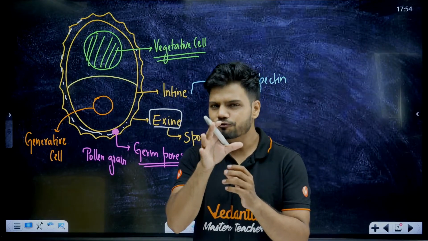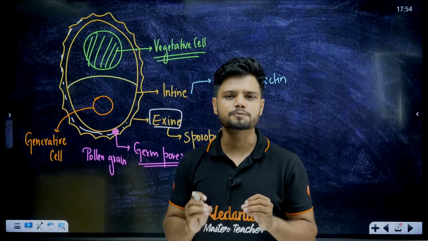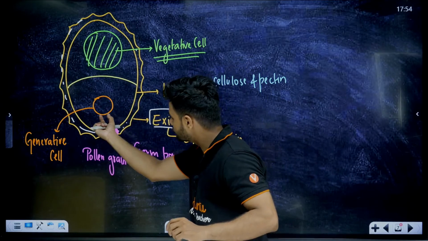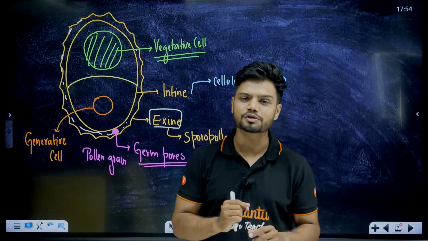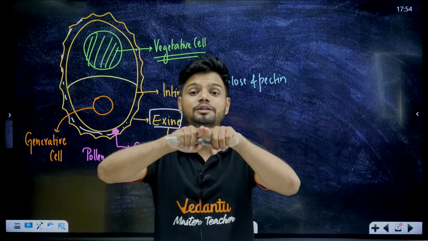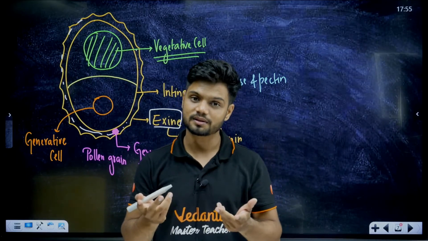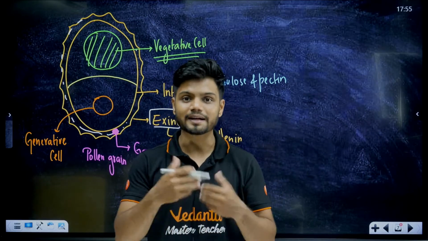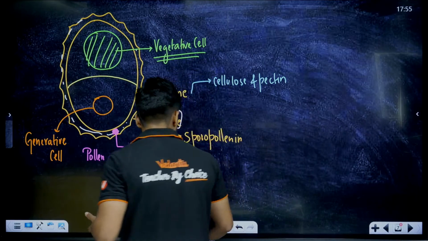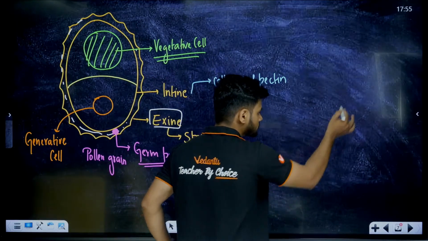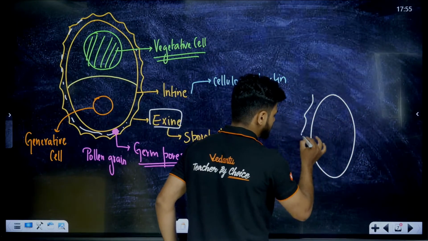But in a few angiosperms, what happens is this particular generative cell may mitotically divide. Yes, it might divide. So in such cases, this is how the pollen grain looks like.